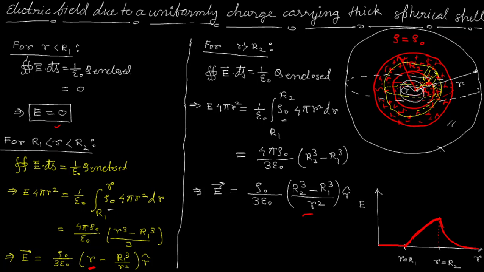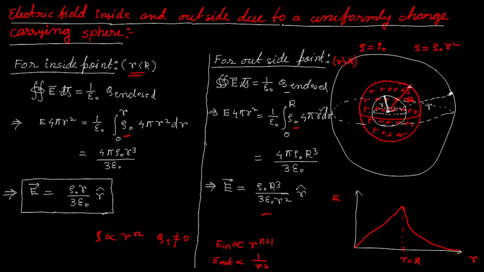Okay, so these are the different cases, and then I would like to solve one more important problem. Let's say we have already calculated the electric field due to a uniformly charged sphere, and using this concept we can also calculate the electric field for this type of charged sphere.